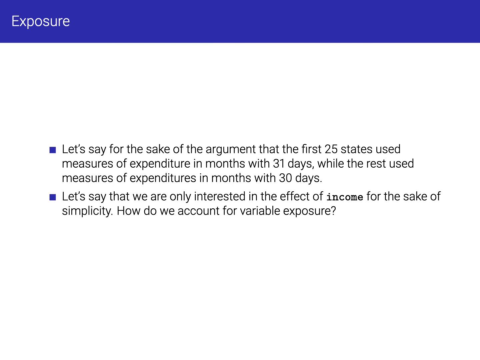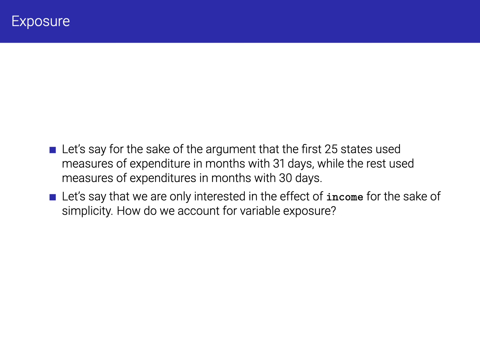Some of them use months with 31 days, some of them with 30 days. So maybe we measured in December for some of them and November for other ones. So let's say that we are interested in the effect of income for the sake of simplicity. So we're just going to study the effect of income here.